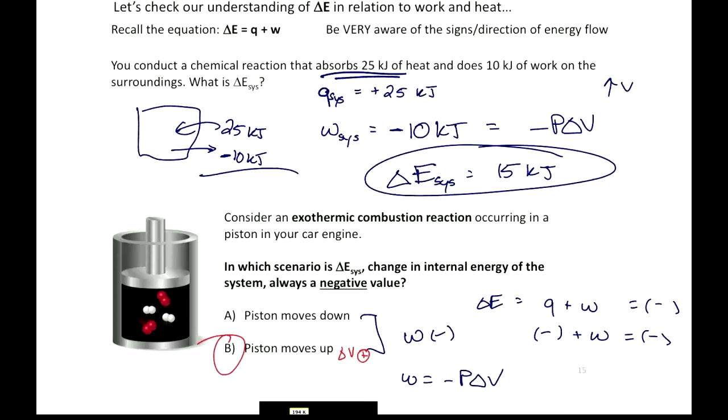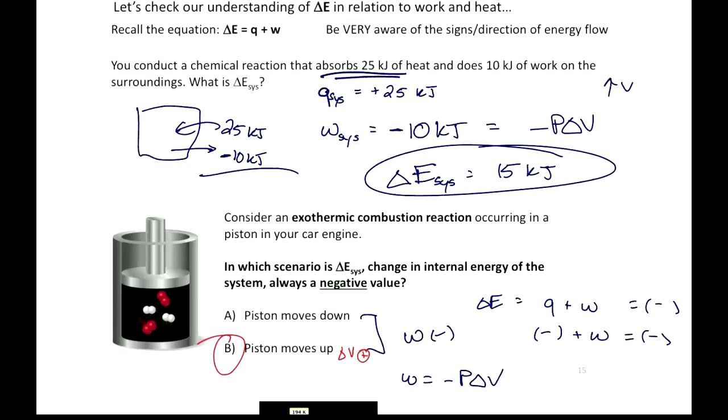So the question is, when the piston moves up, the volume increases, the internal energy of the system decreases. Only when there's a negative, an exothermic reaction happening within that piston.